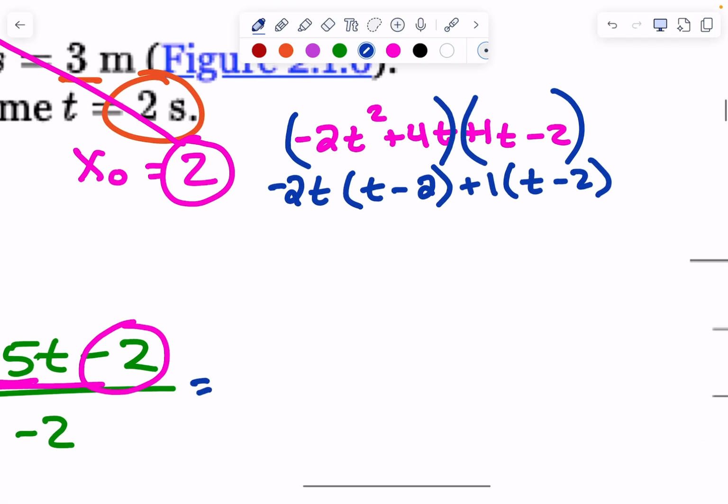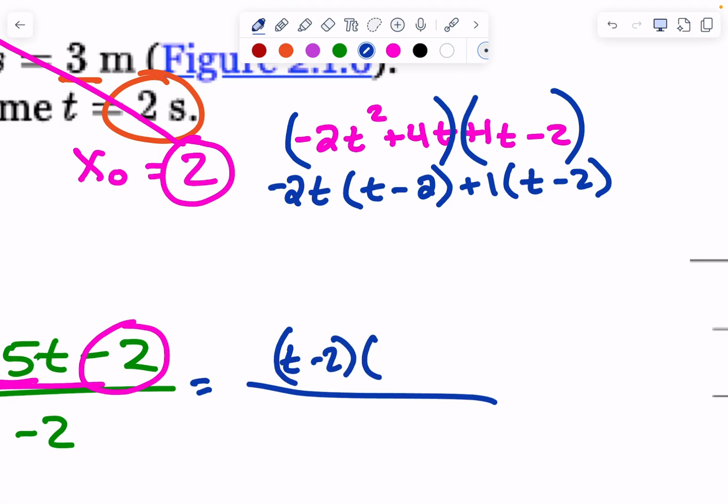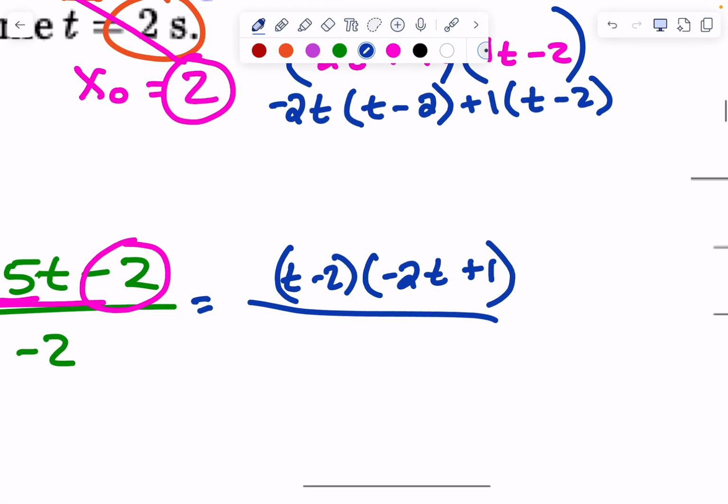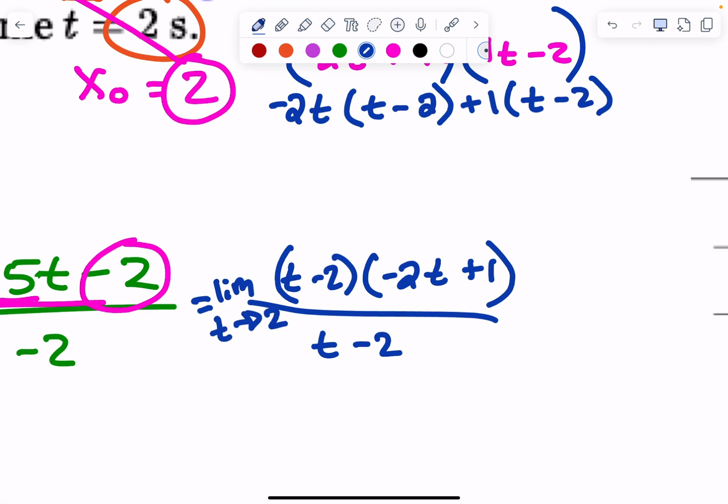So this group is t minus 2 times negative 2t plus 1, and the bottom is t minus 2. I'm doing the limit as t goes to 2. If I cancel those out, then can I plug 2 in?